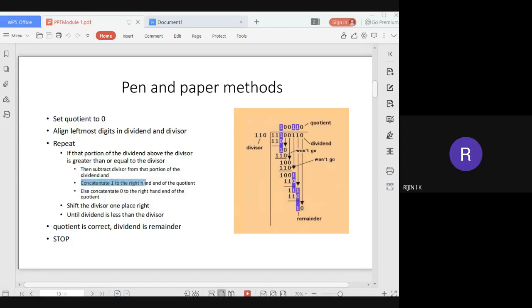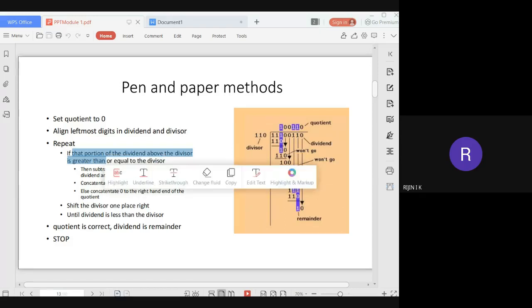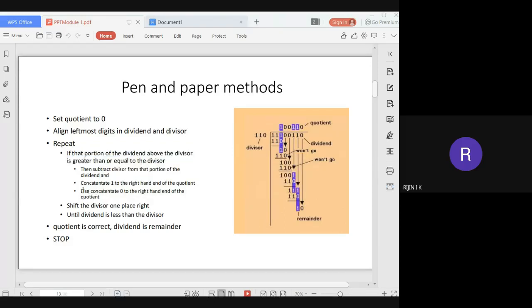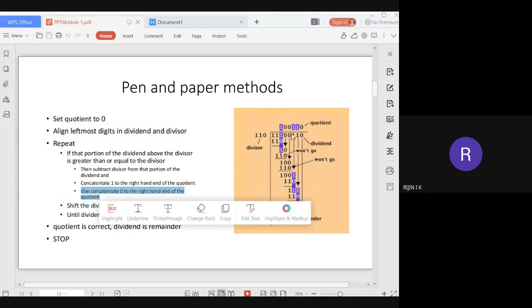Concatenate 1 to the right hand end of the quotient. ഇവിടെ നമ്മൾ 1 place ചെയ്തു. Okay, then ഇനി അല്ല എങ്കിൽ, if the portion of the dividend above divisor is greater than or equal to divisor അല്ല എങ്കിൽ എന്ത് ചെയ്യണം? Just concatenate 0 to the right hand end of the quotient. 0 right hand end of the quotient append ചെയ്യുക.